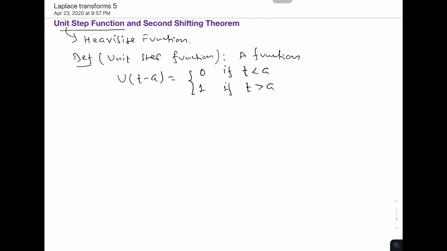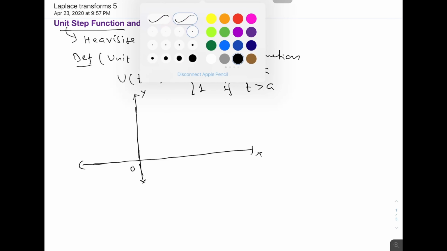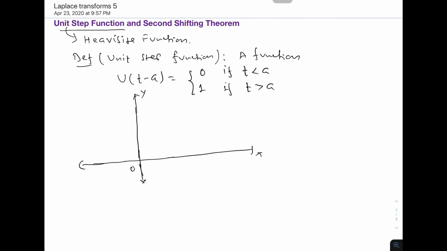See, if we draw the graph, it's like this. When t is greater than a, then the value of the function is 1. So let us say a is here.